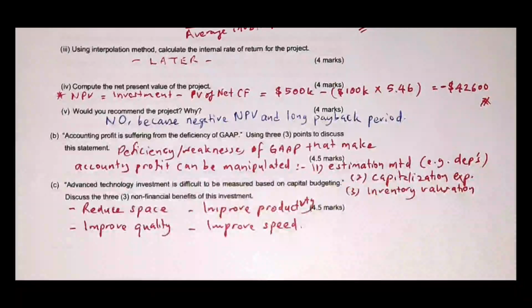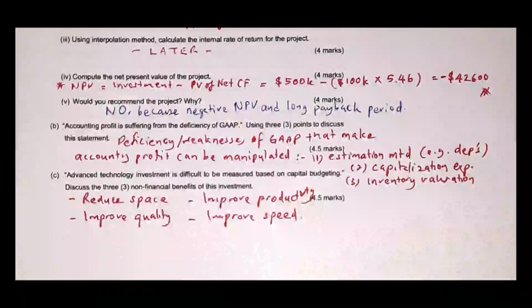Okay, so I will read again the question and the answer. The question says, accounting profit is suffering from the deficiency of accounting standard. Using 3 points, discuss this statement.